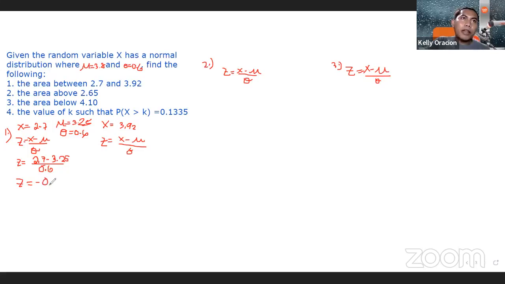Okay, negative 0.92. Round off your answer to 2 decimal places. It rounds up because the next digit is 6, so we round up.